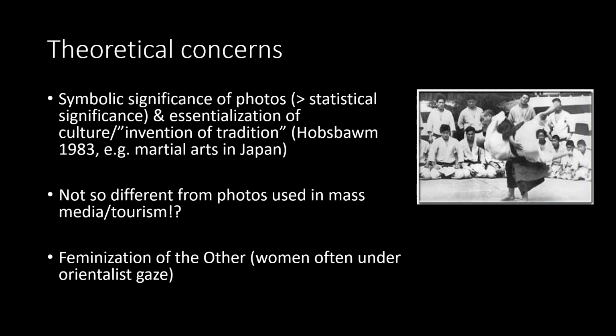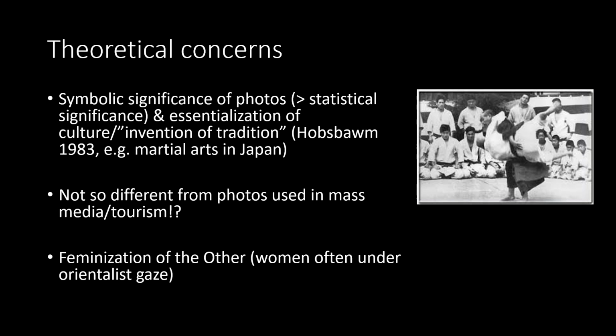And he problematizes the feminization of the other. This relates to the Orientalist gaze, but from a very male-centric kind of perspective, women are considered the other, and on top of that, gay women can often be under Orientalist gaze. Okay, so exotified and seen as old-fashioned, representing traditionalism and so forth.